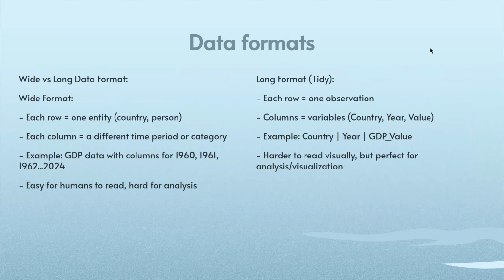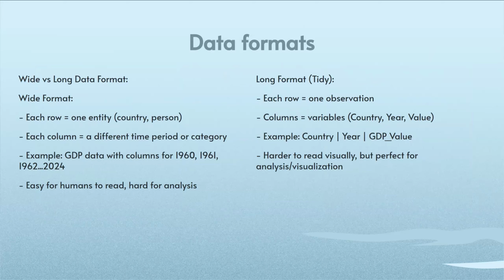Okay, good. Talking about formats, we have two that we'll be working with for this data set. We have wide versus long. Now, data can be structured in these two main shapes, and Power BI strongly prefers one of them.